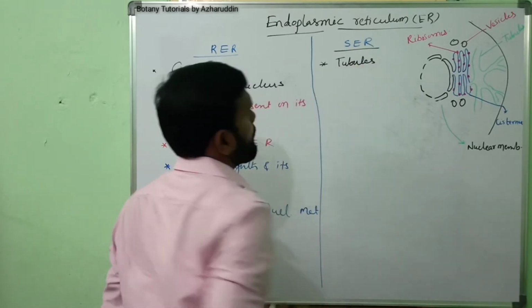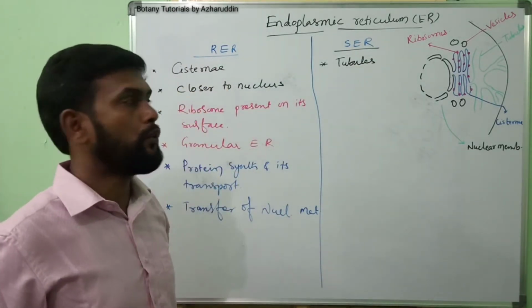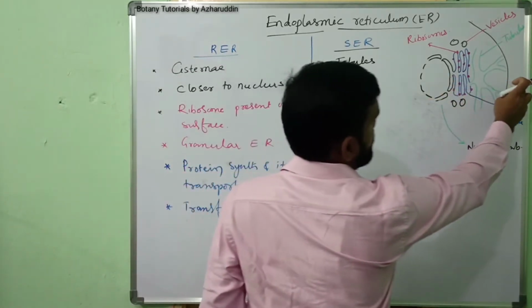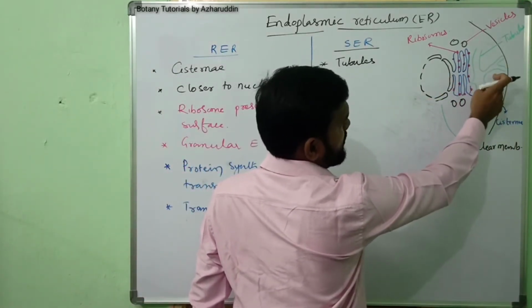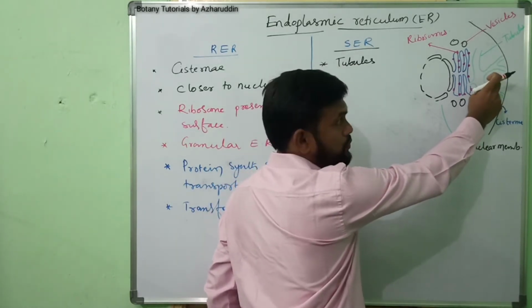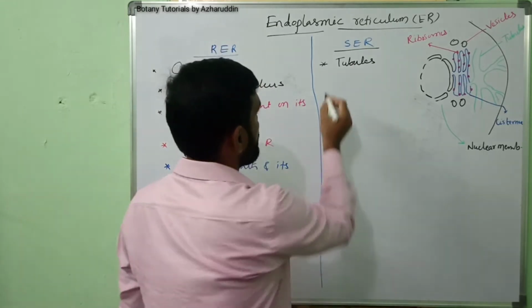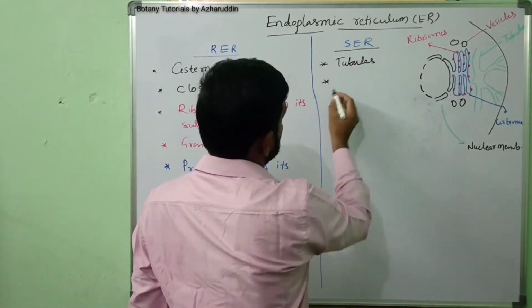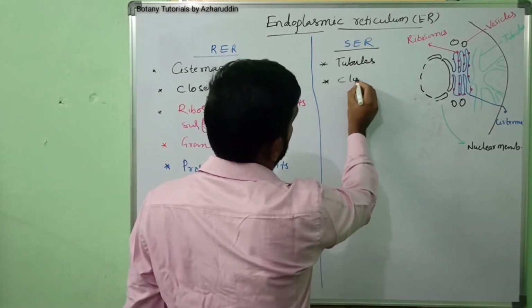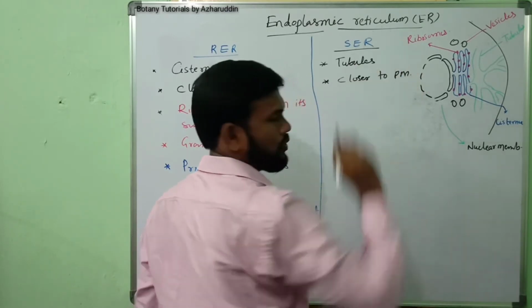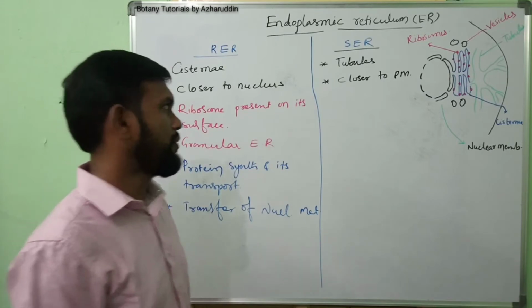SER is mainly made up of tubules, and they are closer to the plasma membrane. This structure is a tubule, and this tubule is closer to the plasma membrane. I am writing here that SER is closer to the plasma membrane.